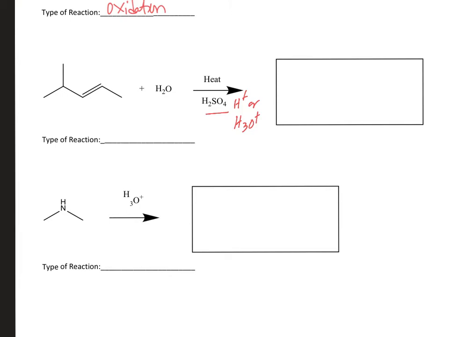We're using an acid catalyst, and then we're adding water. So we're doing a hydration. You could call this a hydration, or you could even call it an addition reaction. That's fine with me. Whenever we're adding H2O, we're adding an OH and an H.